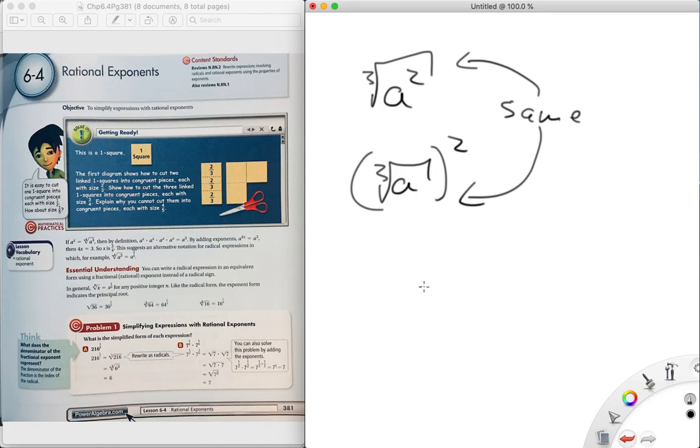And you can sort of think of it as, if we do PEMDAS, a to the 2/1 times a to the 1/3, which equals a to the 2/3, which is cube root of a squared. So they are equivalent expressions. Okay.